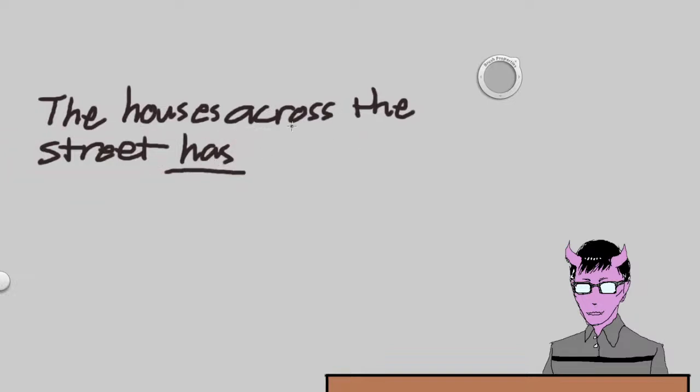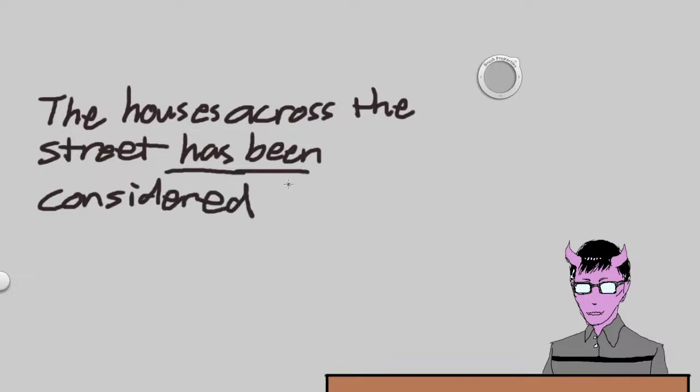The houses across the street has, have been considered for demolition. That sounds weird.